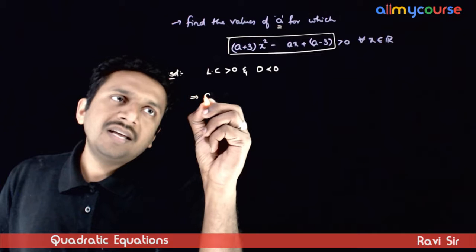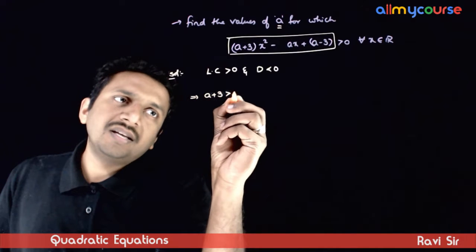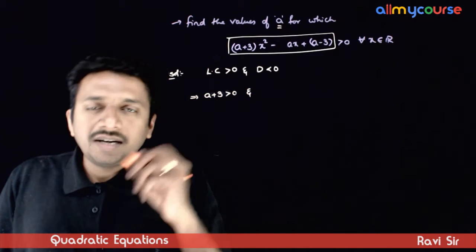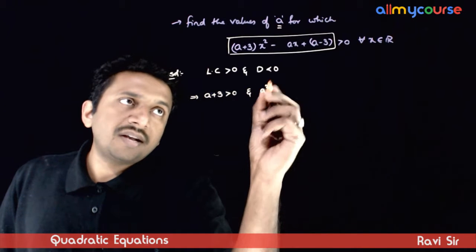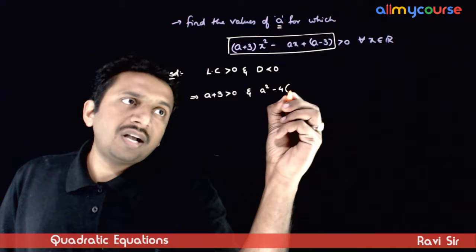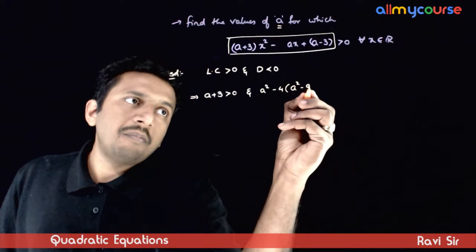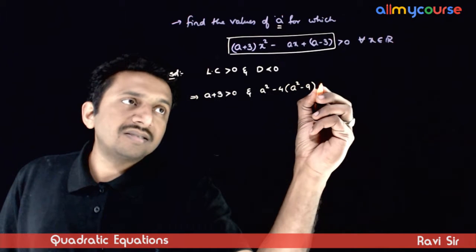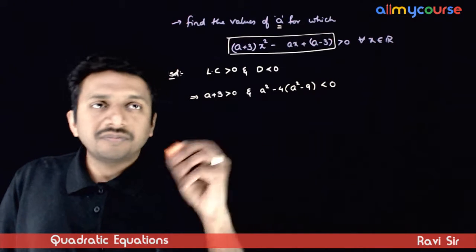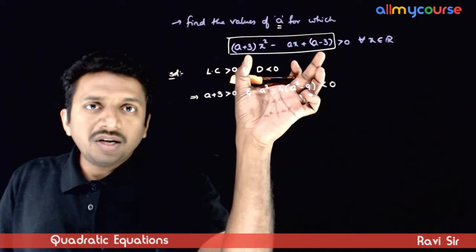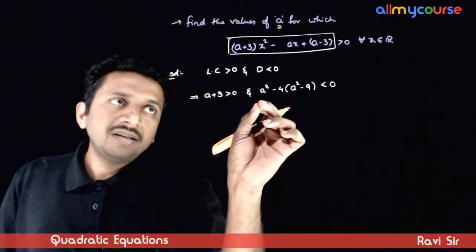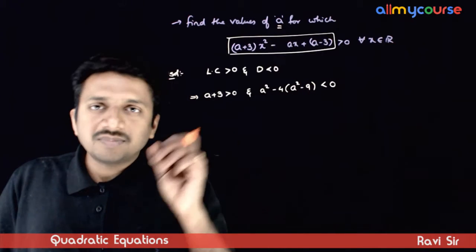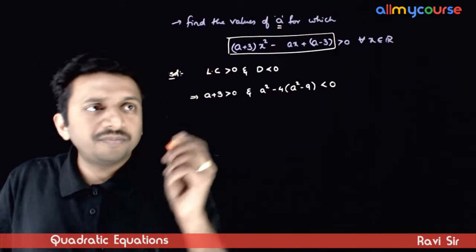So this implies a + 3 is greater than 0, and the discriminant, b² − 4ac, that is a² − 4(a + 3)(a − 9)... a square minus 9, is less than 0. So a + 3 is greater than 0, and b² − 4ac is less than 0.